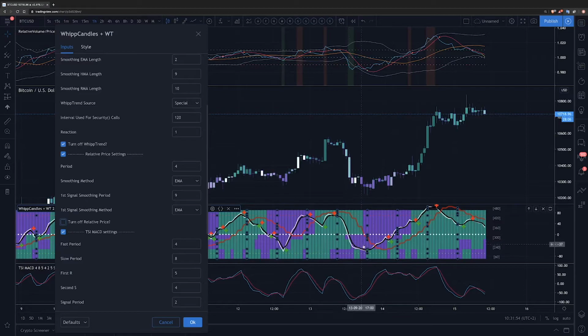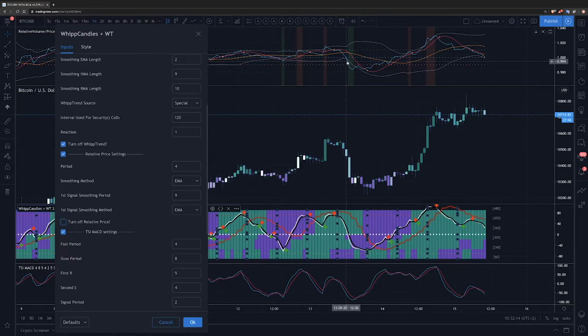Now basically the background is relative price, bullish or bearish for a time frame. So what we have here is period 4, smoothing method, EMA, and the 9.